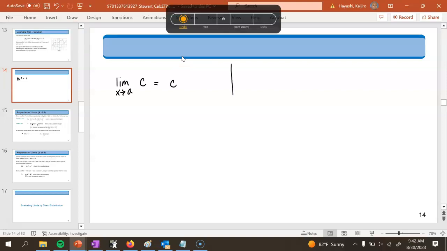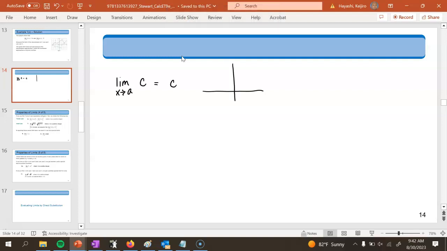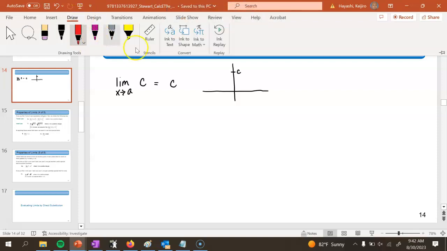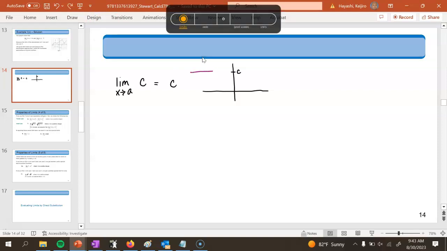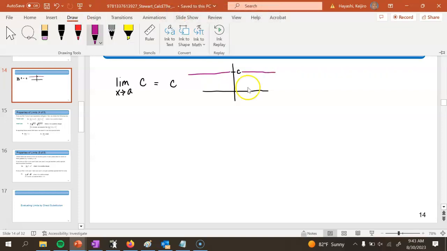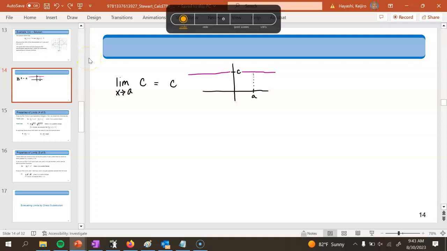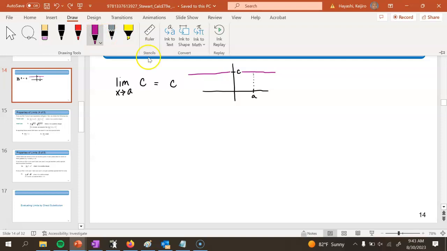You can also think of this as being like the limit of some constant function, f of x equals c, where regardless of where you move on the x-axis, the value of the function is just c. So this is a constant property.